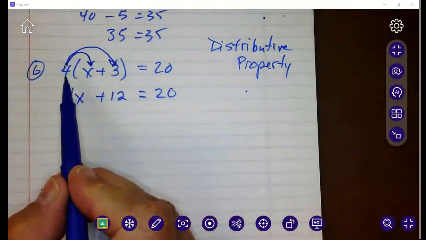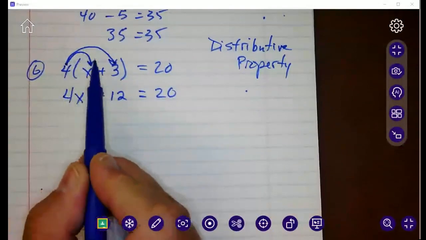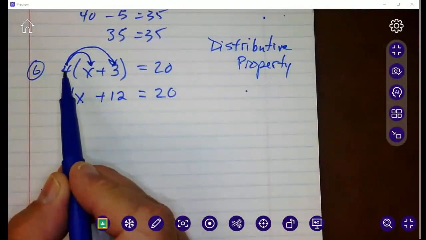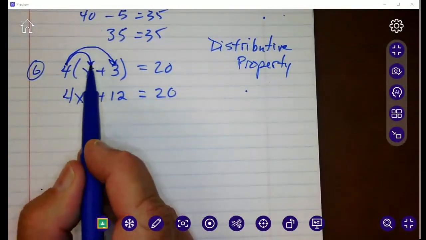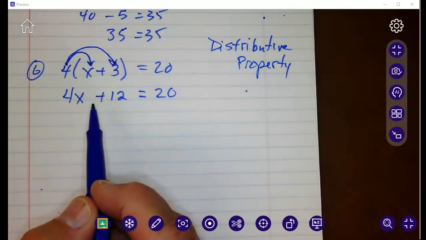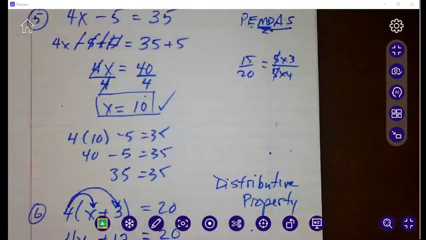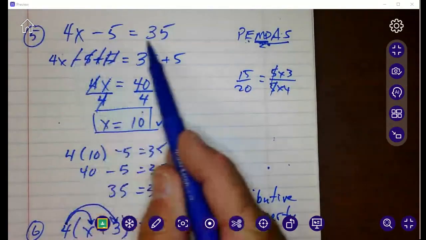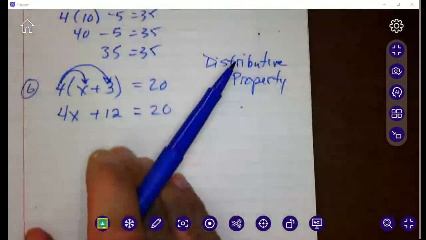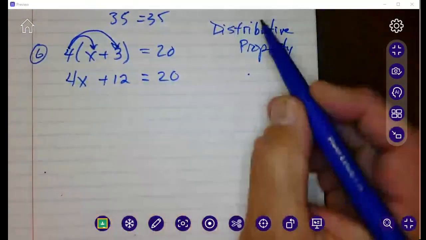So I took what was outside the parentheses and I distributed the 4 over the x and the 3. Well, now if you look at this, this looks just like this. So now we're back to the same kind of problem.